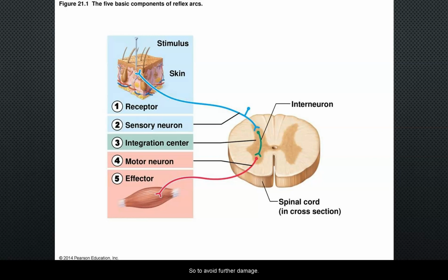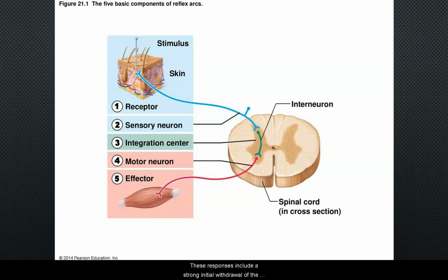So to avoid further damage, information travels along the sensory fibers from the skin and into the posterior horn of the spinal cord. Once it's in the spinal cord, the sensory fibers synapse with a variety of interneurons that help to mediate the responses of the reflex.